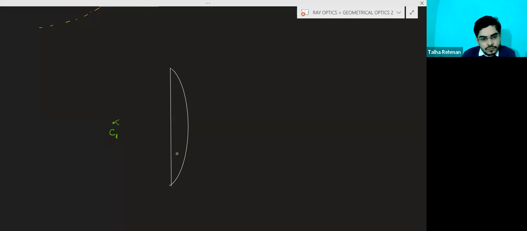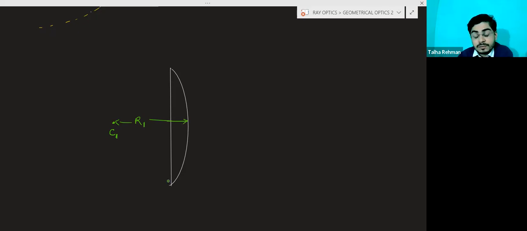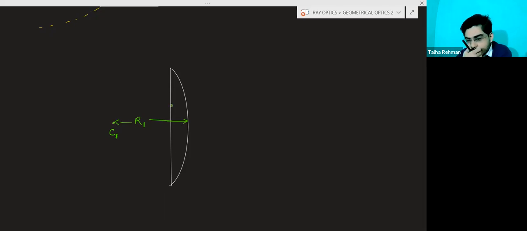Now the radius of curvature, suppose R1, for the spherical surface. R1 is the radius of curvature for the spherical surface. Now for the plane surface, what will be the radius of curvature? There will be no radius of curvature for the plane surface, but remember, for a plane surface we take the radius of curvature as infinite.